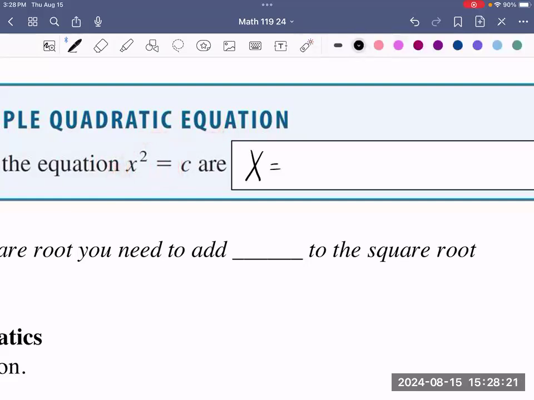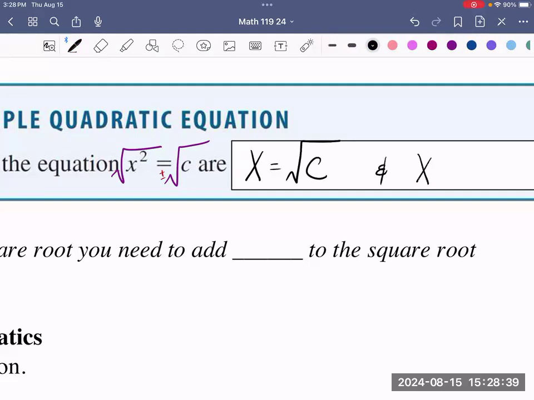Now, when you do square root one side, you do it to the other, but even more, you actually have to account for something. You have to account for a plus or minus sign, and we'll talk about why that is. The other one being a negative.